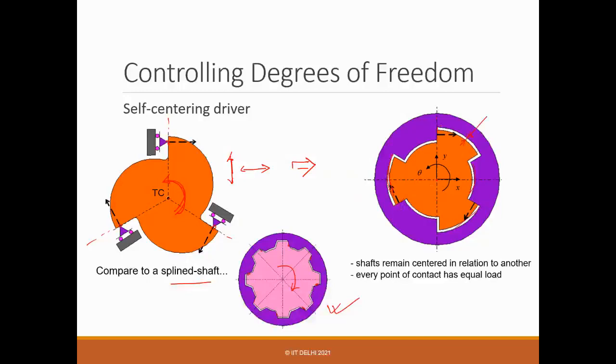It's because of these radial surfaces that it is centered. Every point contact has equal load also. So if there is a load, it will get distributed. You can write the equilibrium equation and you realize that the forces are also the same. So it is a very good design.